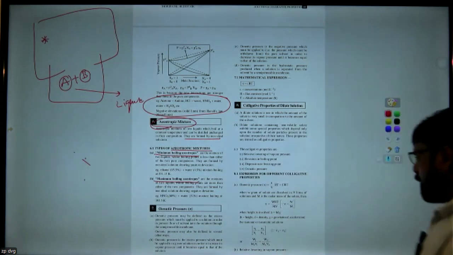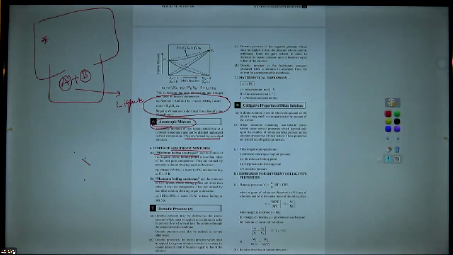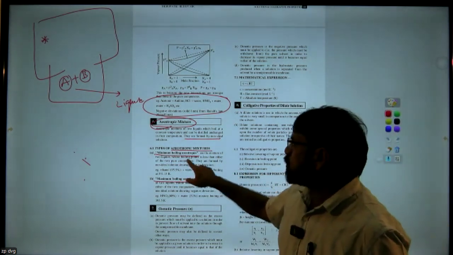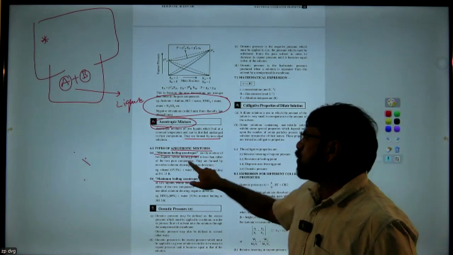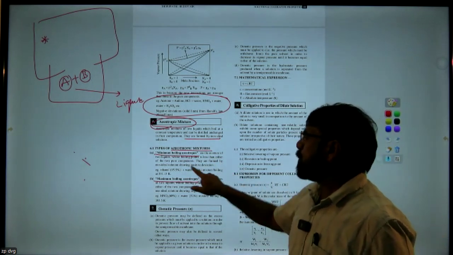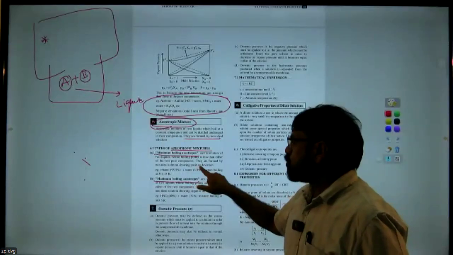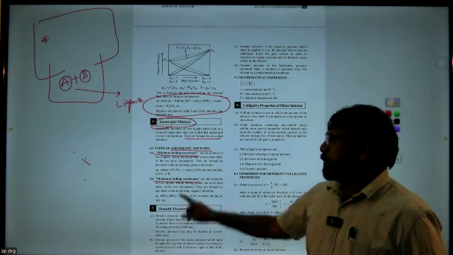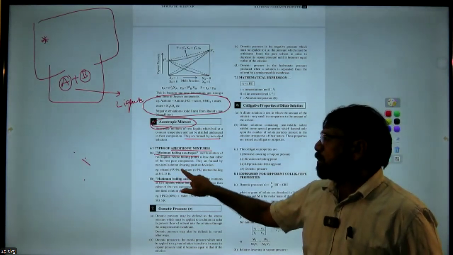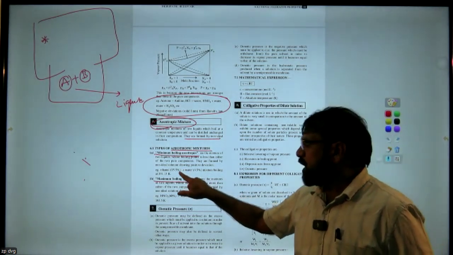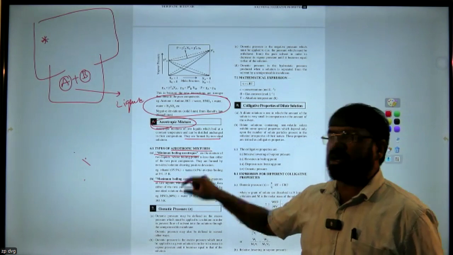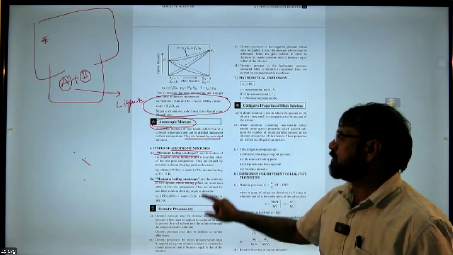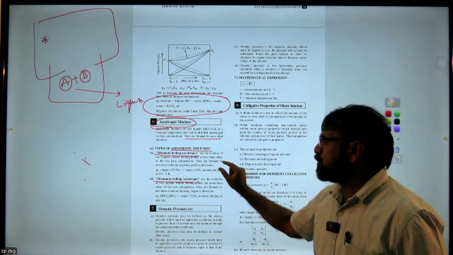So see what are minimum boiling and maximum boiling azeotropic mixtures. A mixture of two liquids whose boiling point is less than the two pure components is formed by a non-ideal solution showing positive deviation. For example, ethanol plus water: if we mix 95.5% of ethanol and 4.5% of water, that leads to formation of the minimum boiling azeotropic mixture.